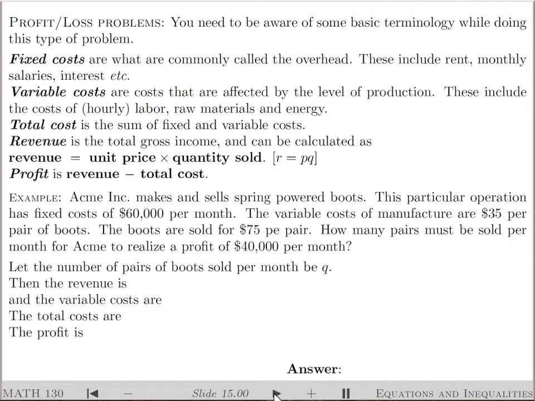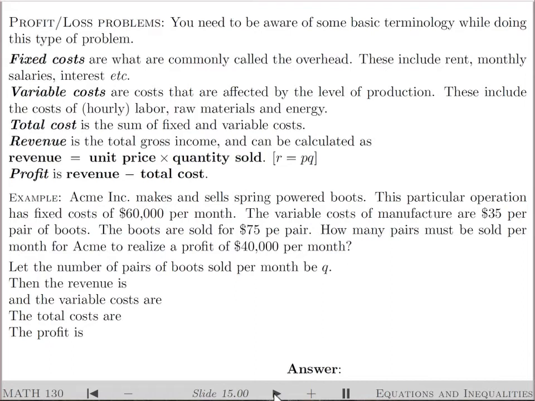Revenue is the total gross income. We will calculate it typically as unit price times quantity sold, where the quantity sold will be given by the demand function, or the unit price, depending upon which way the demand function is written. This is, of course, very simple if you think about it.